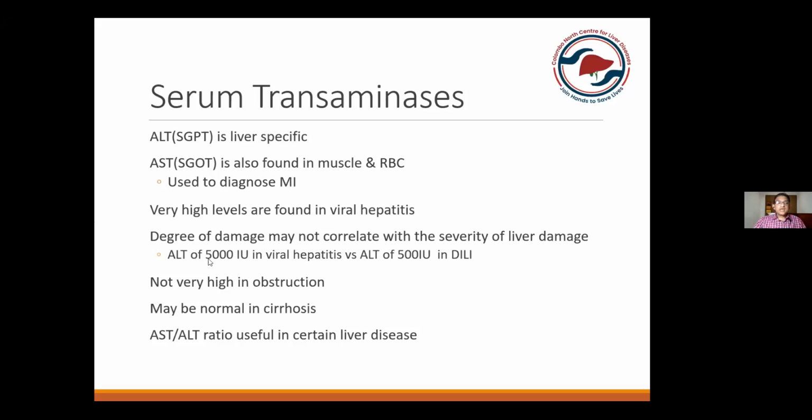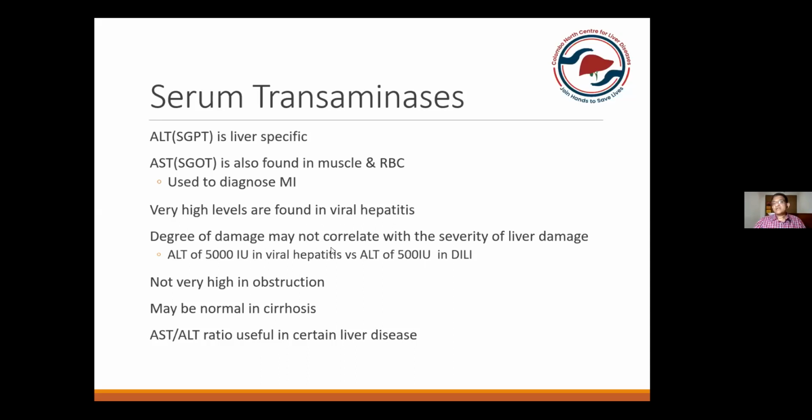So an ALT of 5,000 in a viral hepatitis patient may not be as serious as an ALT of 500 in a drug-induced liver disease. So this patient may survive, and a drug-induced liver disease patient with an ALT of 500 could well be dead if not looked after.